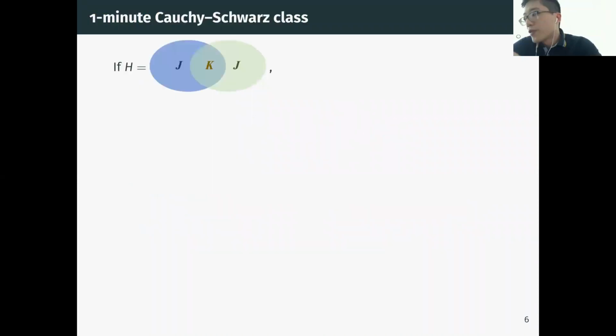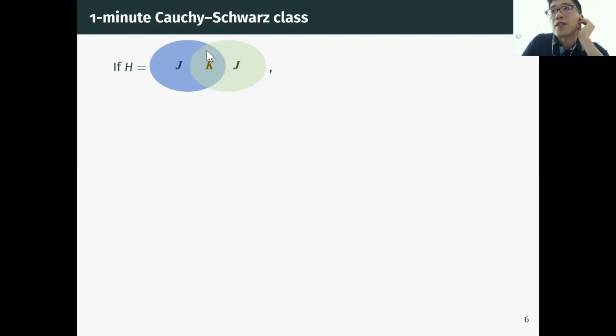So before moving into our results, let me give you a one-minute Cauchy-Schwarz class. Here's my graph H. Suppose it can be decomposed in such a way that there are two subgraphs J which are isomorphic, and they intersect on a subgraph called K, and there's an automorphism of H that maps the left J to the right J while fixing K. So this is my graph.